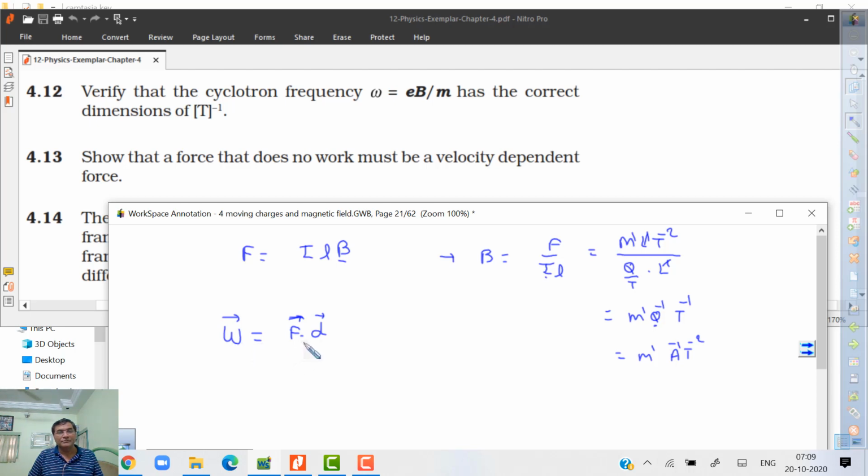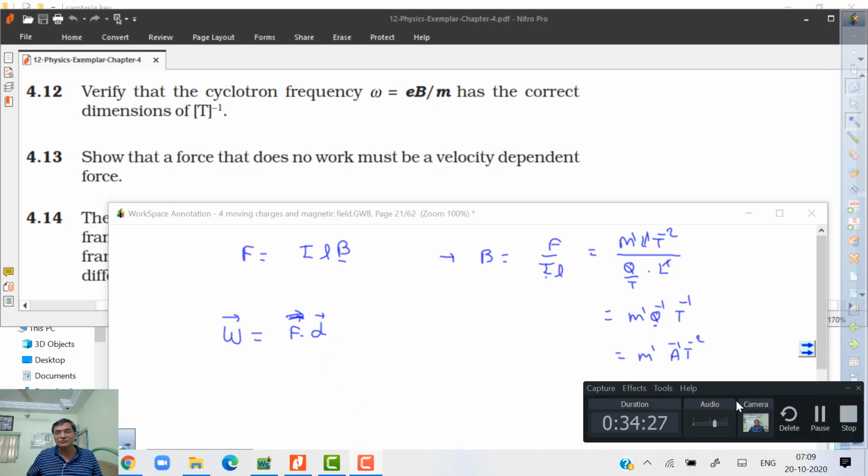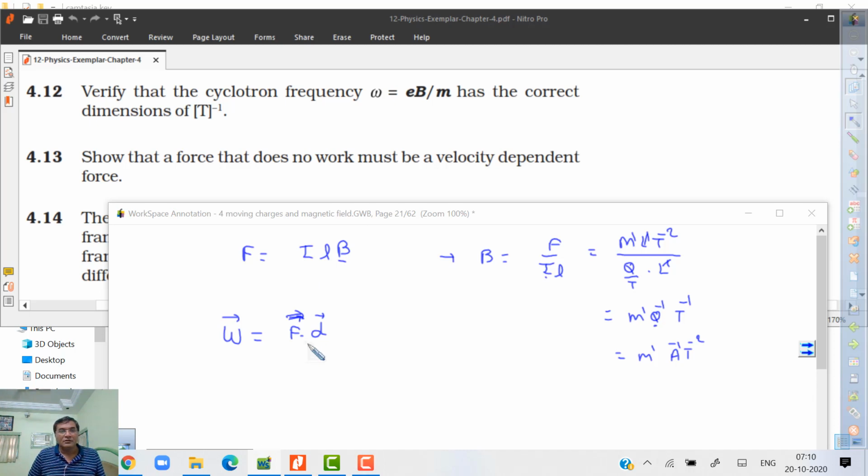Work is 0. It means F and D both remain perpendicular. F and D both are perpendicular. આપણે વેલોસિટીમાં કન્વર્ટ કરવું છે એને. So work is 0 means this angle theta must be 90 degree.